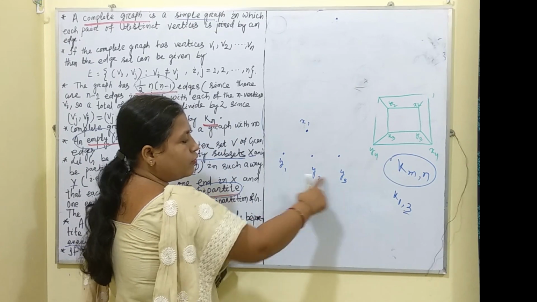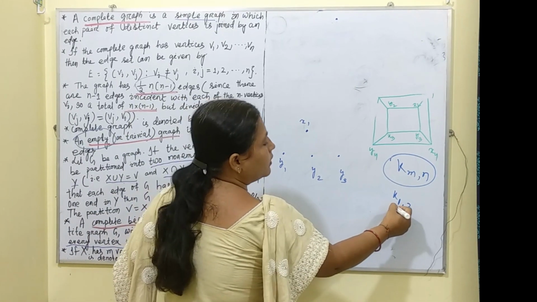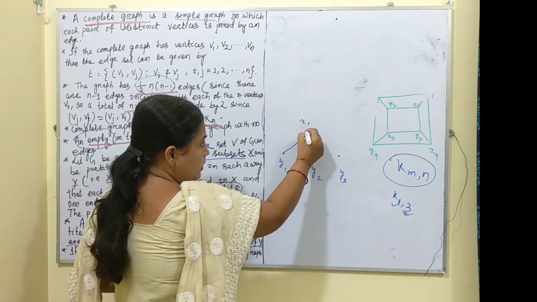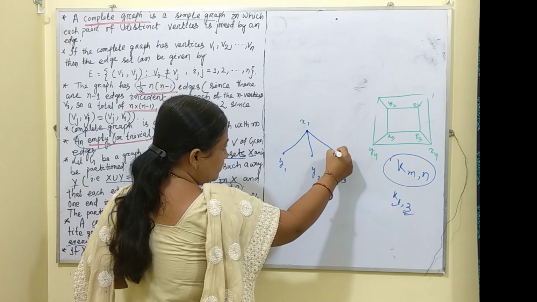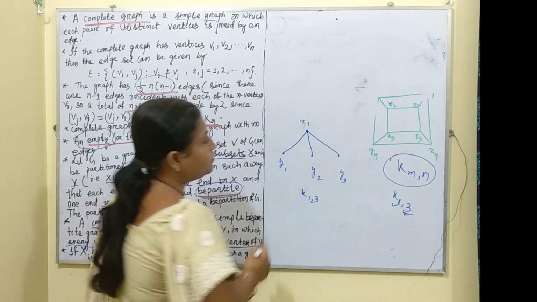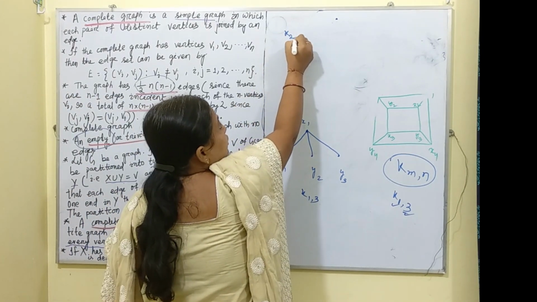In the Y set there are 3 vertices and in the X set there is 1 vertex. So we can draw K1,3 like this. This is K1,3.